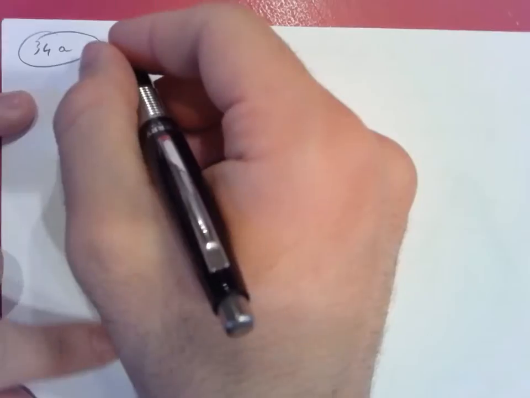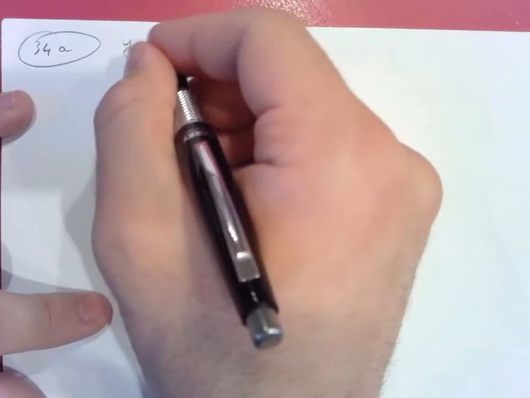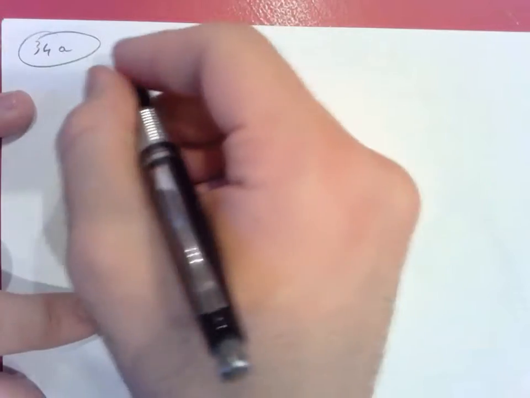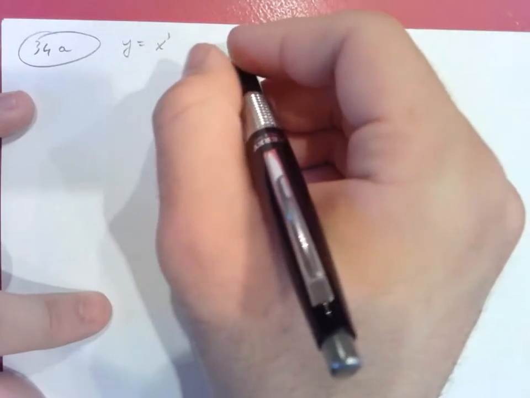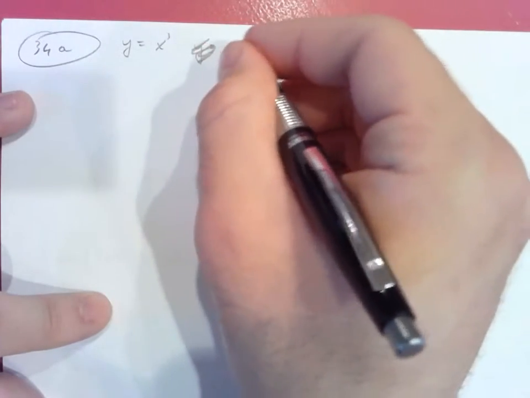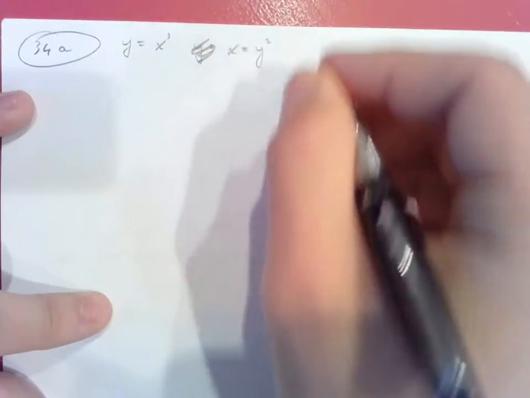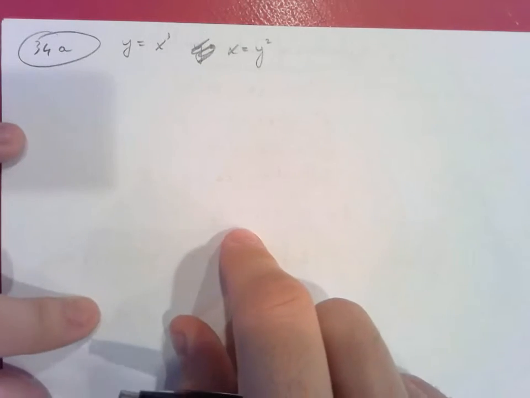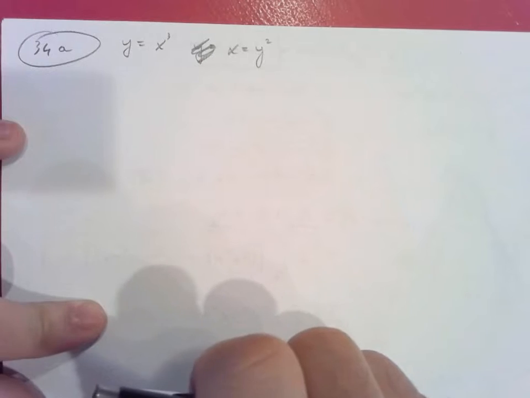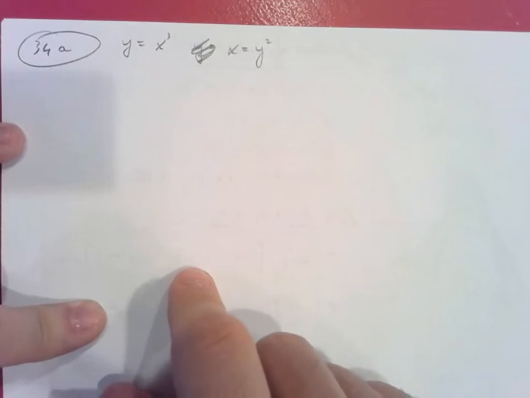So problem 34, we'll start with part A, has us look at the solid whose base region is bounded by the following curves: y equals x cubed and x equals y squared, and whose cross-section is perpendicular to the axes, and it's a square.